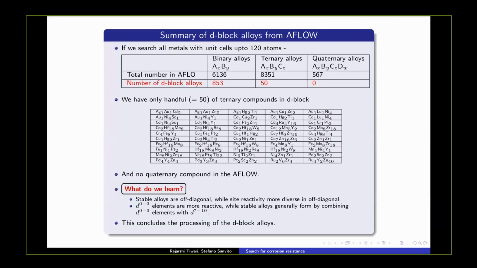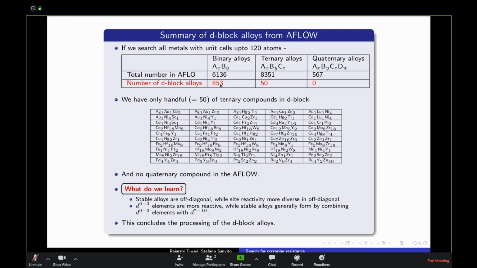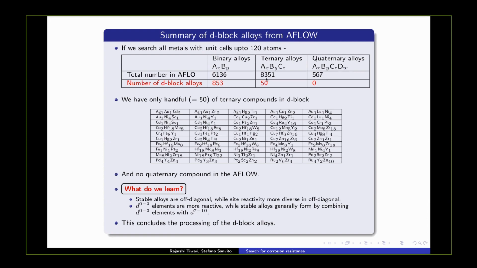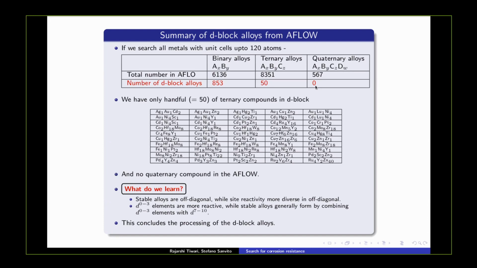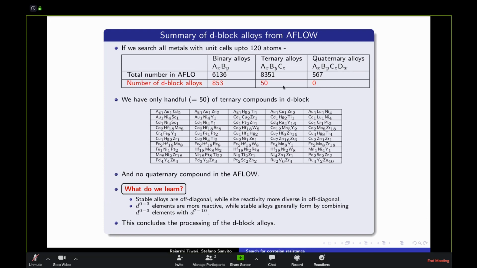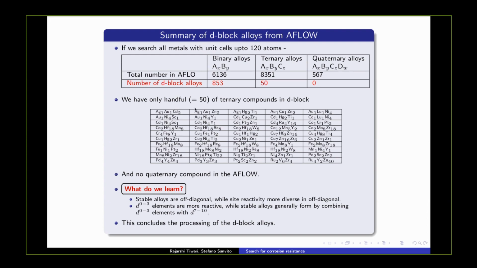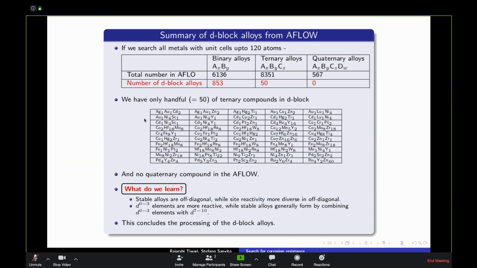And here is a bit of a summary. The number of D block alloys overall, after removing duplicates, was basically 800. Ternary were 50, and we didn't find any quaternary metals. These were the 50 compounds we showed with the color code.